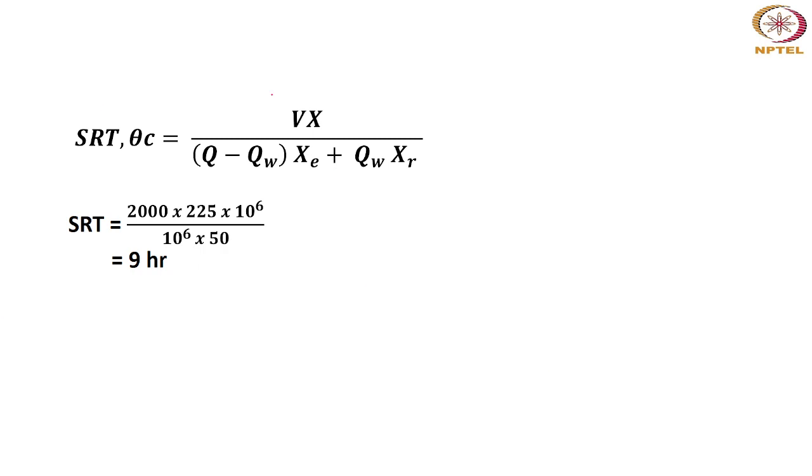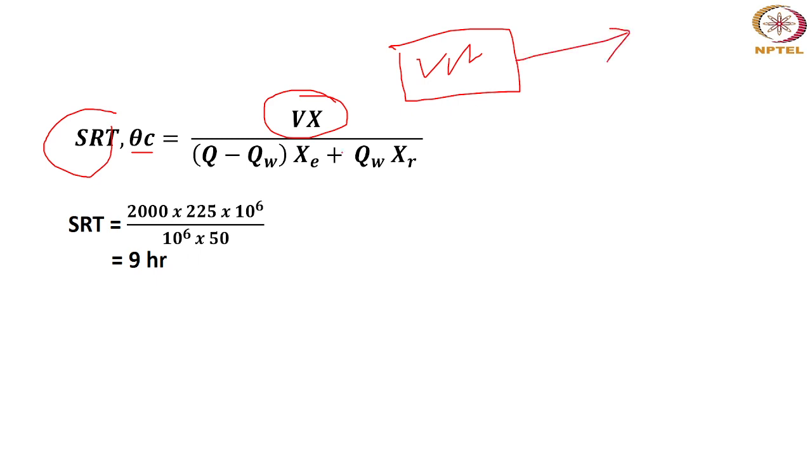Okay. So the correct answer will be 9 days. This is basically SRT, solid retention time. How we are calculating: theta c equals V into X, whatever is inside this tank, and what is going out. Basically, that ratio we are taking care of.